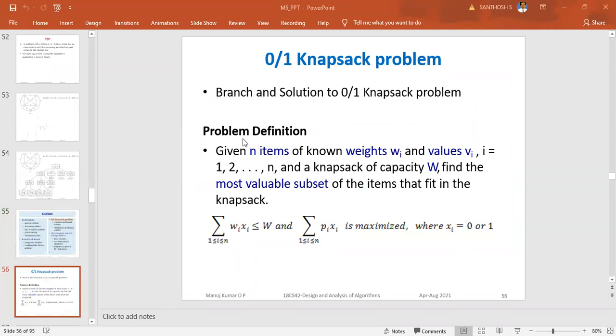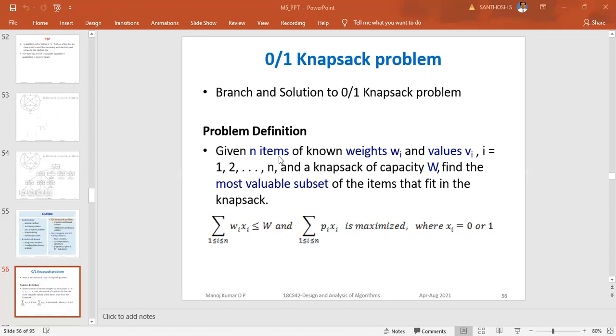So the problem definition, as you all know: given n items of known weights Wi and values Vi, i ranging from 1, 2, 3 up to n, and a knapsack of capacity W, find the most valuable subset of items that fit in the knapsack.